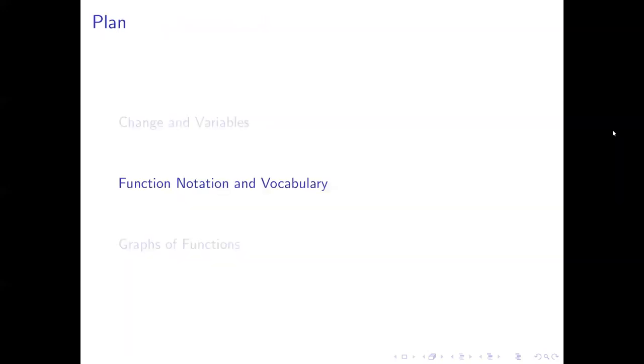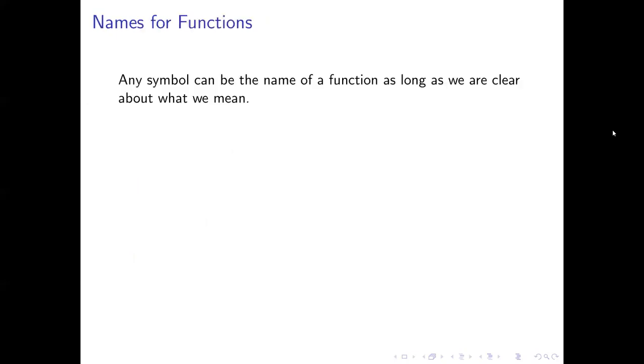Let's turn now to some notation and vocabulary that we can use to talk about mathematical functions. The first thing we're going to need are some names for functions if we're going to talk about them and apply calculus tools to them. Now, just like in pretty much anything in math, you can use whatever symbol you want as the name of a function, as long as you're clear about what you mean when you use it.